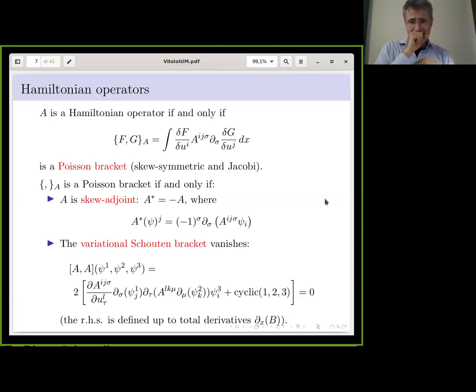And this amounts to a requirement on the operator, which is just the fact that the variational Schouten bracket vanishes. The variational Schouten bracket is a nonlinear expression made by the operator, and it is not so difficult, even if it can be a long computation, to verify that a certain operator is Hamiltonian, while it is not so easy, generally speaking, to find Hamiltonian operators for a certain PDE.